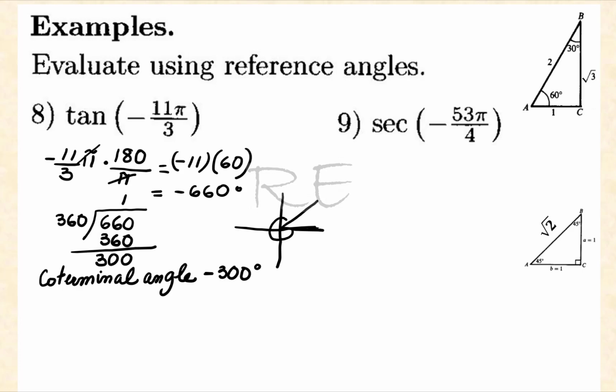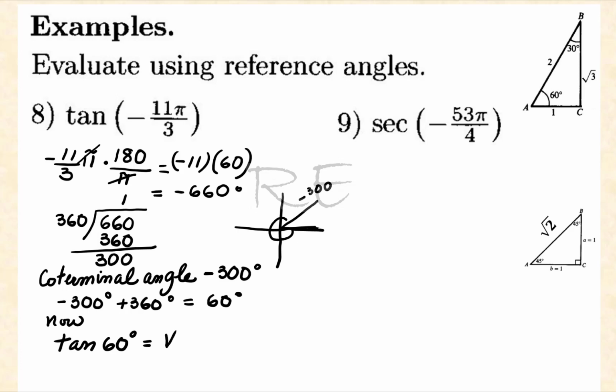And negative 300, when you add 360 to it, is really 60 degrees counterclockwise. Now, because 60 degrees is its own reference angle, the tangent of 60 degrees is positive, and it's equal to square root of 3 over 1.